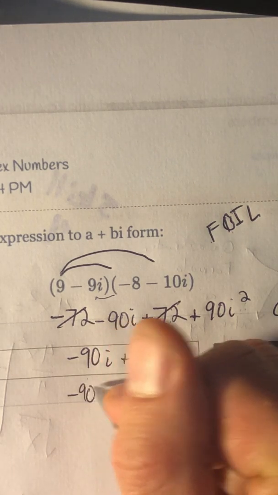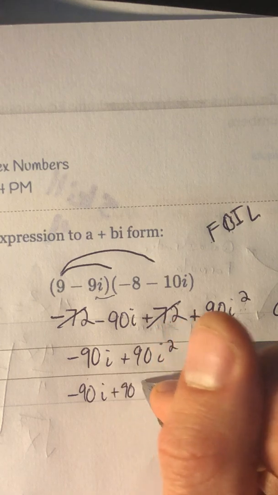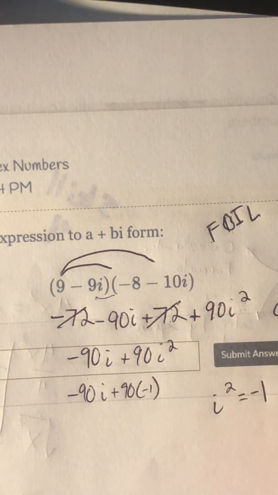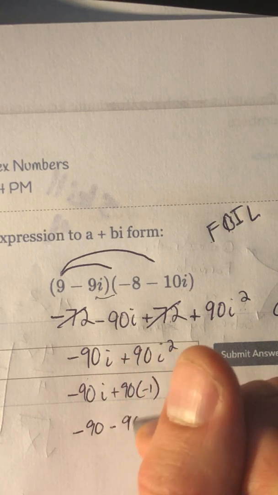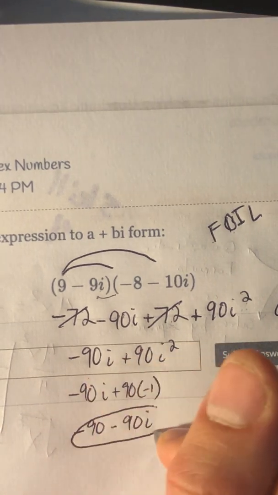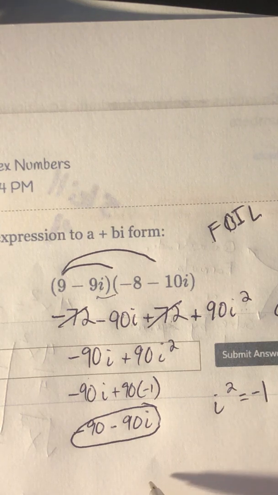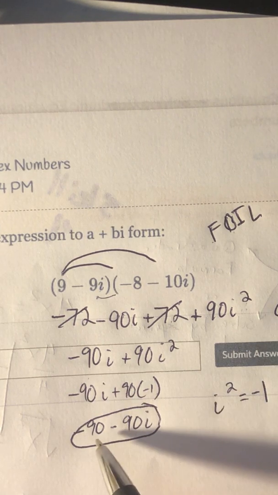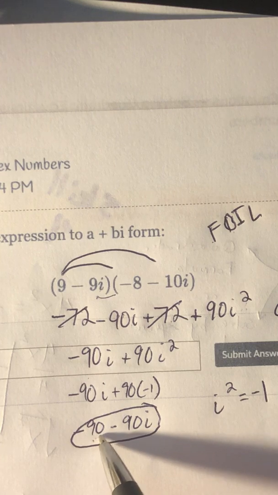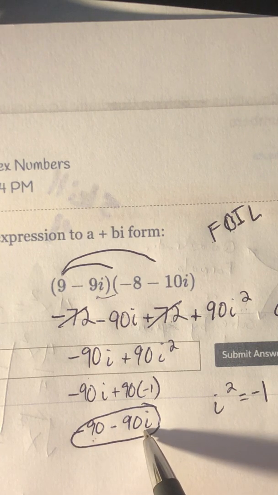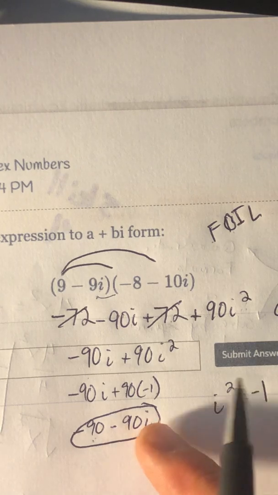So it's negative 90i plus 90 times negative 1, which is negative 90 minus 90i. So 90 times negative 1 is negative 90. And I'm going to put that number first because I want my number with i in the back. You'll never have an answer with i squared.